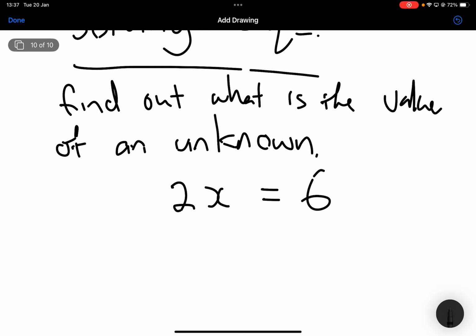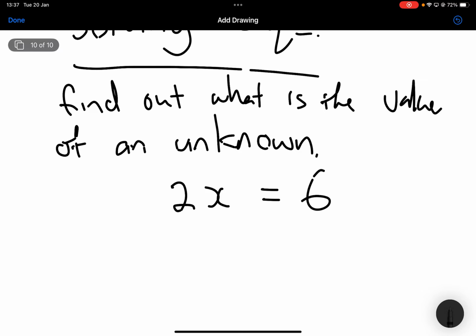Okay, solving equation again is finding the value of an unknown. But out of the blue, you will not suddenly know the value. So to help you find the unknown, in this case, I want to find x, the equation is there to help you.